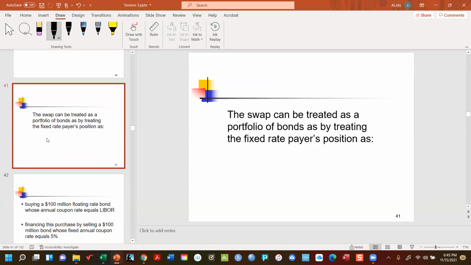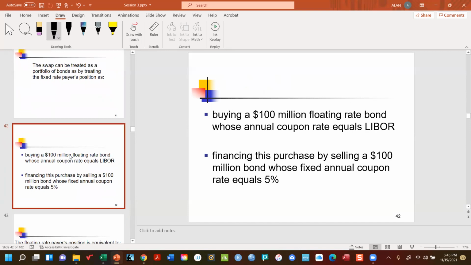The swap can be treated as a portfolio of bonds by treating the fixed rate payer's position as buying a $100 million floating rate bond. Again, let me remind you on the top here, this is the fixed rate payer. And so remember what's happening. They're paying a fixed rate and they're receiving a floating rate. So if they bought a $100 million floating rate bond, that means they're receiving LIBOR.